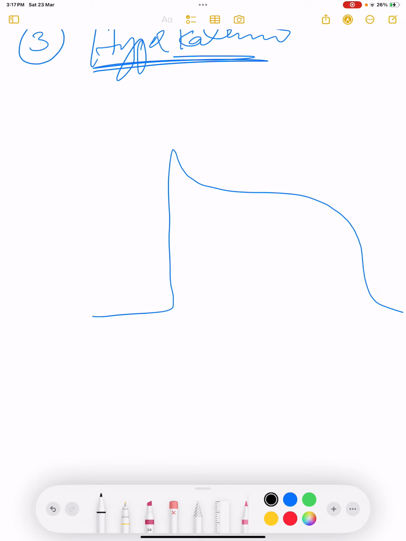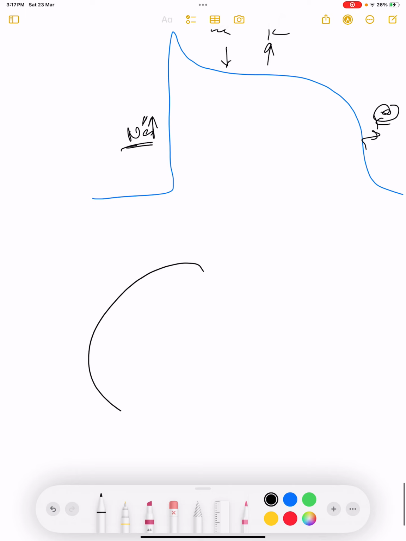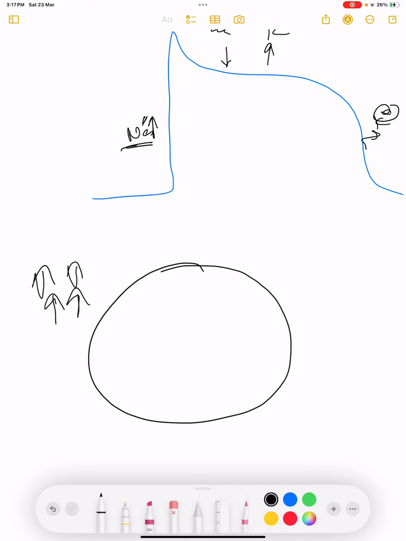So sodium was entering here, and there was a plateau in which calcium was coming in and potassium was going out, and then potassium was going out, which will lead to repolarization. And what happened in hyperkalemia? We remember that when there is too much potassium outside the cell, it will come inside, and the inside of the cell will be filled with potassium.